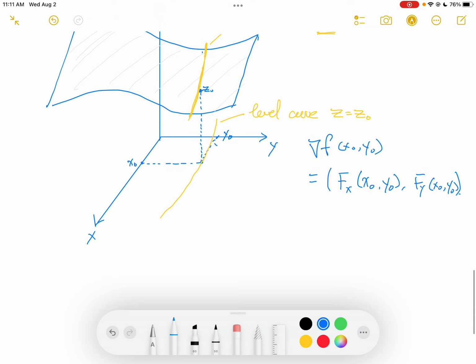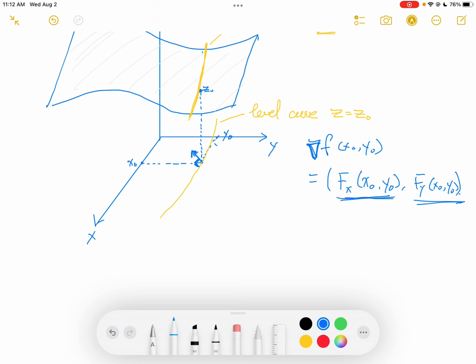Basically, this vector here is perpendicular. Obviously, it's got an x coordinate and a y coordinate, right? So obviously it's a vector on the xy plane. So this vector, by theory, is going to look like that, and is perpendicular to the level curve. It's always perpendicular to the level curve, and I'll explain why in a second.